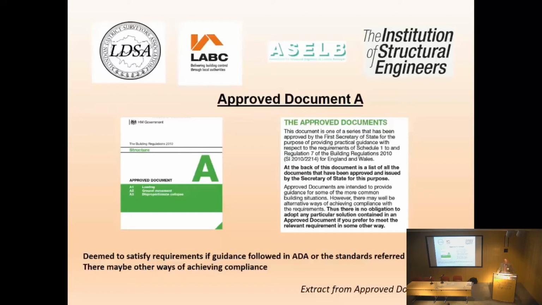However, if a designer believes that a relevant requirement has been met by his calculations and submission, but the local authority or building control checking authority rejects that application, then there is a method of what we call a determination, where an engineer can simply make an application to the Secretary of State to make a decision.